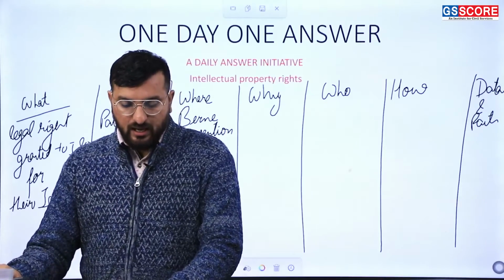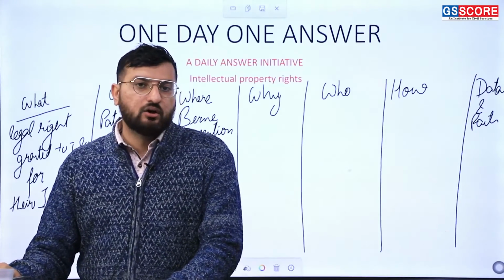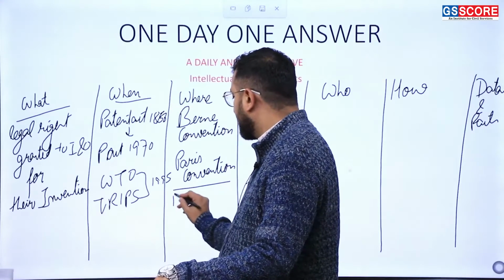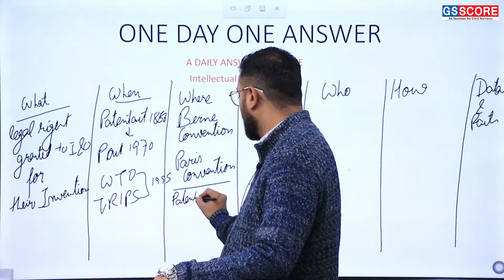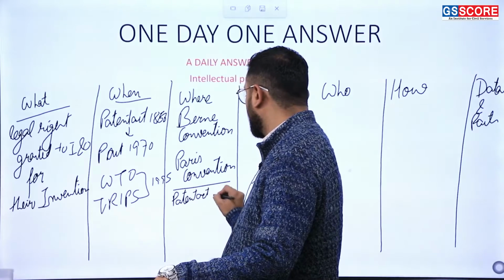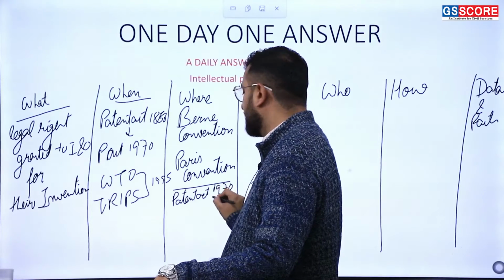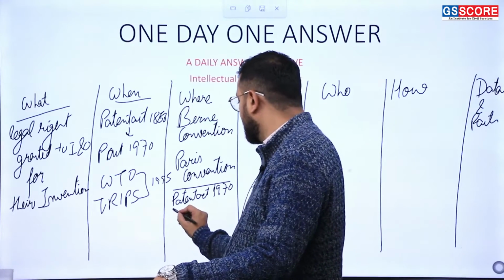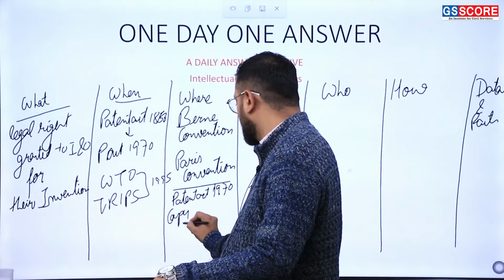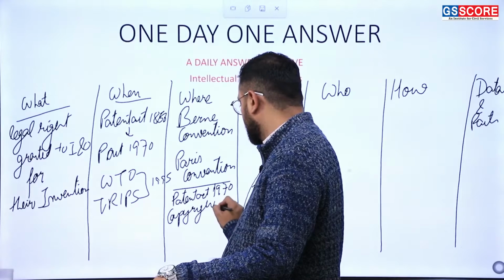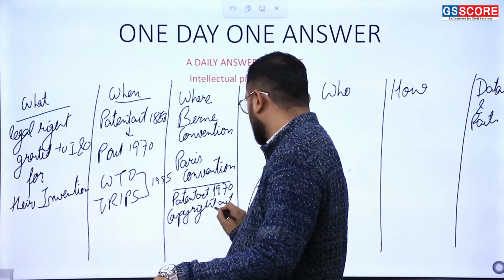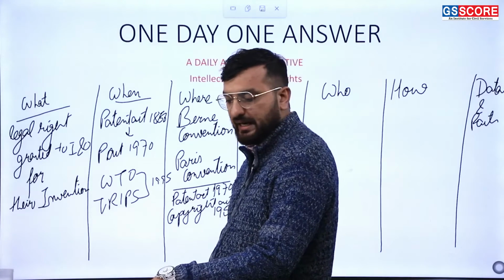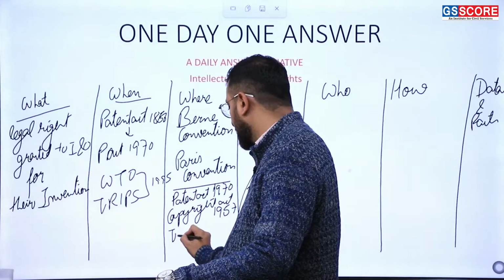And if we talk about India, a lot of rules and regulations are there, such as the Patent Act 1970, then the Copyright Act 1957, and next is the Trademark Act 1999.